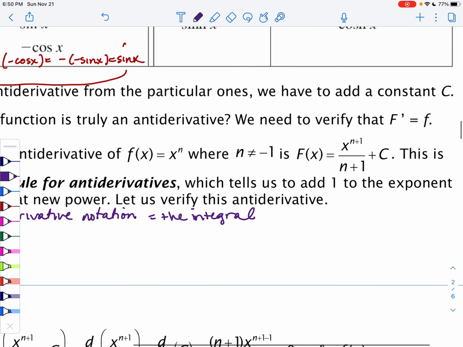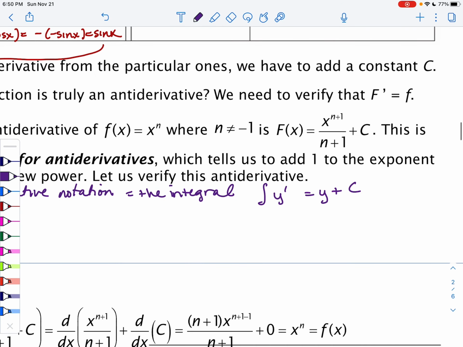And so we want to say that the integral of your y prime is going to be y plus c, or the integral of your little f of x dx is going to be your big f of x plus c, your general antiderivative. Find the big function f of x whose derivative is equal to the little f of x, or find that big function y whose derivative is equal to y prime.